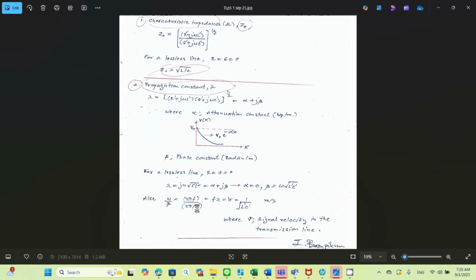From the definition, you end up with omega over beta equal to f lambda. That's equal to v, right? V is the signal velocity in the transmission line. That's equal to 1 over the square root of L prime C prime.